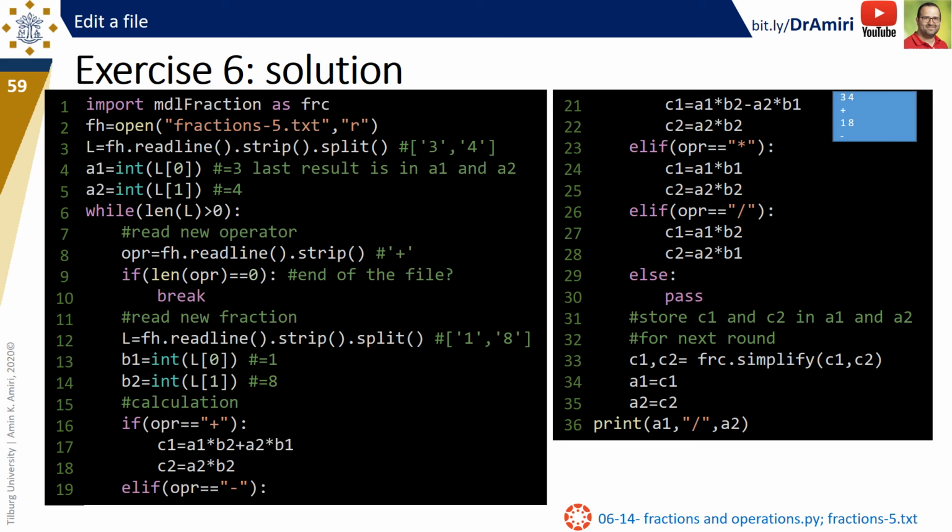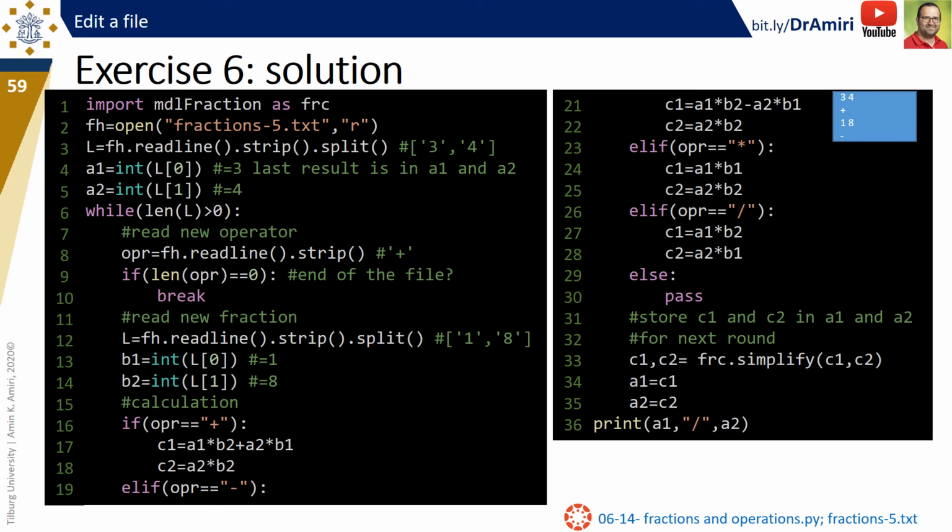So if we go back to line 6, here you see that we have another operator, minus. We are going to read that operator in line 8. So this time in the second iteration, OPR is equal to minus, and then the rest of the code is executed like what I just explained.